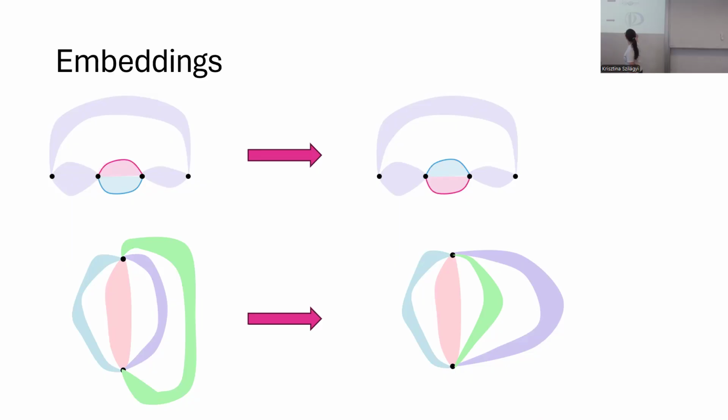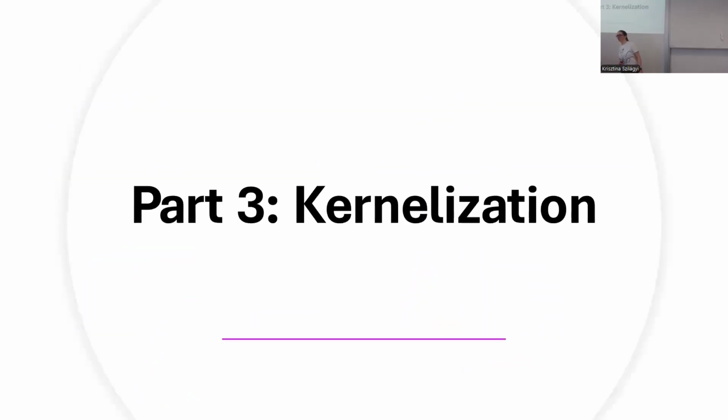Another thing we can do: if we have a P node, we can reorder all of its children in any order that we want. And that's basically it.